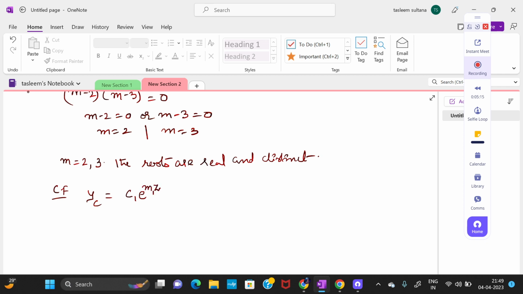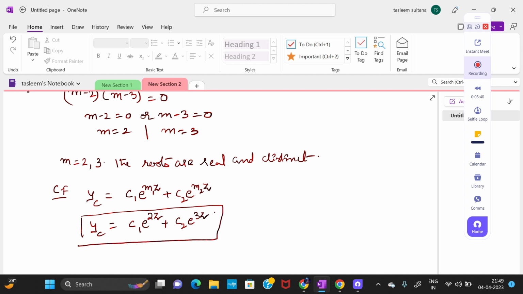Here we are dealing with the z; later we will replace it. Then plus c2 e to the power of m2 z. So y suffix c equals c1 e to the power of 2z plus c2 e to the power of 3z. Keep it like this only. After writing our CF, we'll make the changes.